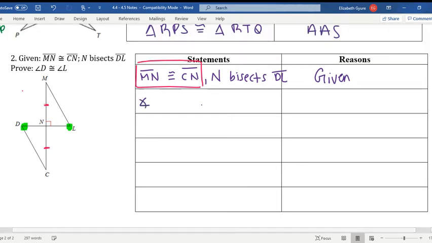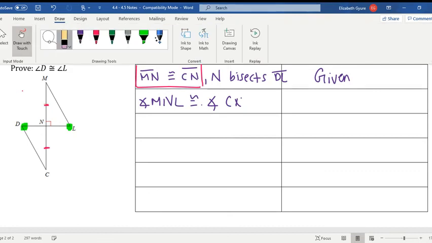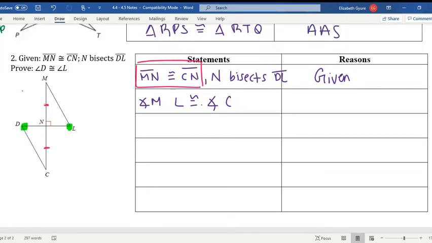So angle MNL is congruent to angle CND. And that, you said, is the vertical angle theorem, correct? Okay, perfect. Good. Okay, so now we have a set of congruent angles. What else? Matt?